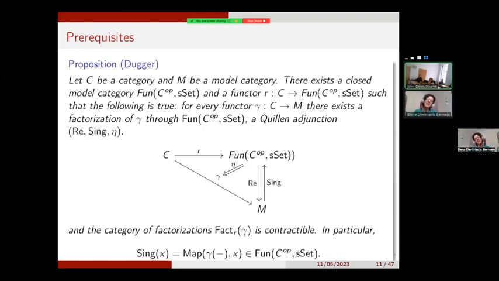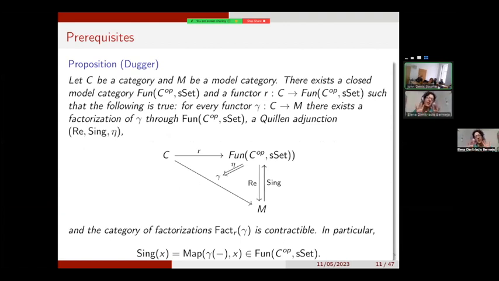And lastly, the last construction we're going to need, so don't get scared by the block of text. I just wanted to have the entire construction. So this is Dugger's universal model category.